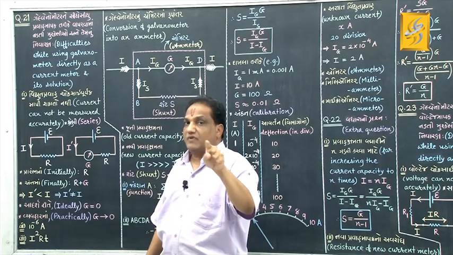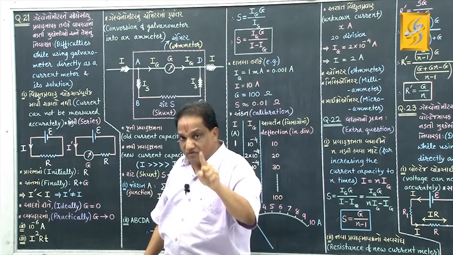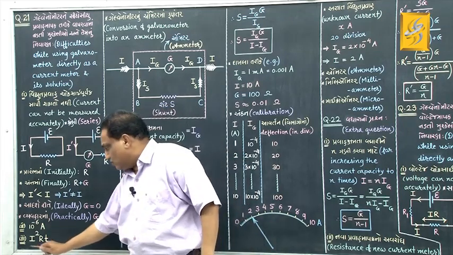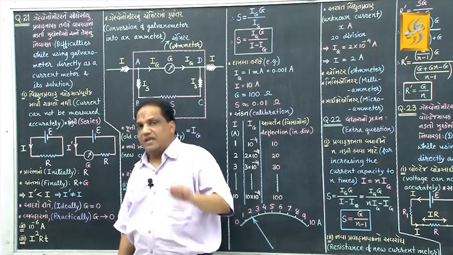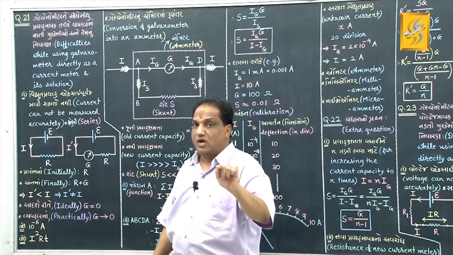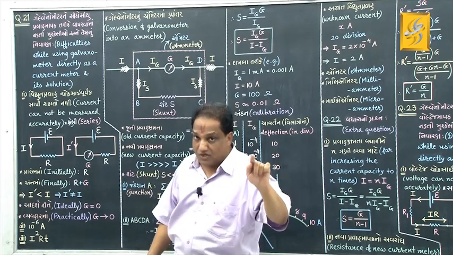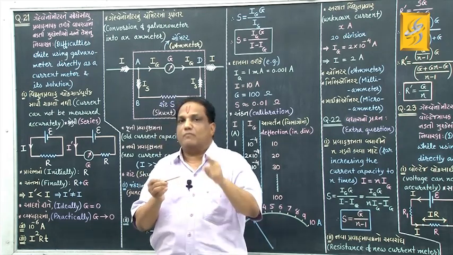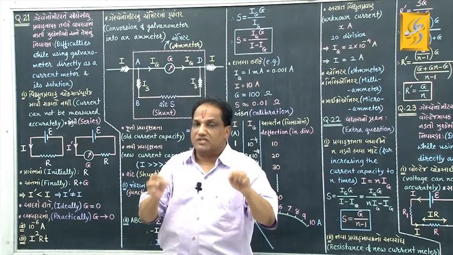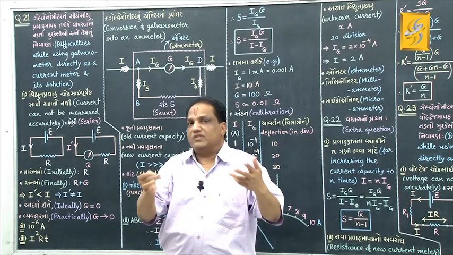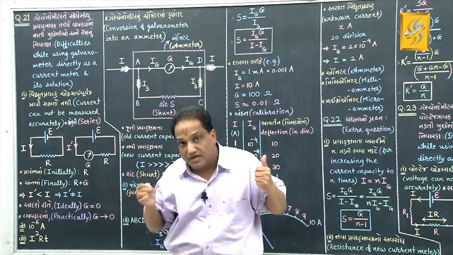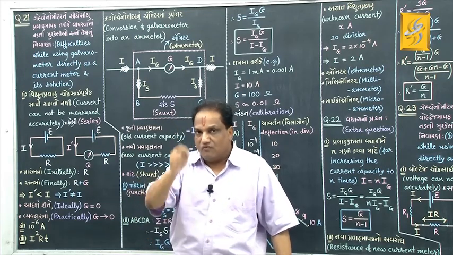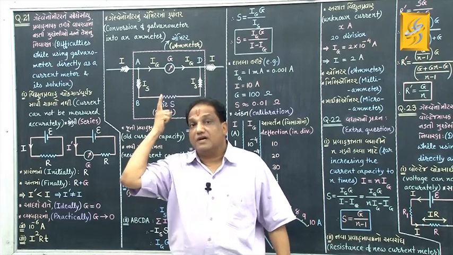I squared R T. Now tell me, if you pass large value of current through the galvanometer, then this amount of Joule's heat will be very large, and in that case there are chances for the coil of that galvanometer to get burnt, okay? So there are chances for breaking of the coil or for burning of the coil when you try to pass current with large value, which is more than its current capacity, okay? So totally 3 difficulties we face while using galvanometer directly as a current meter.